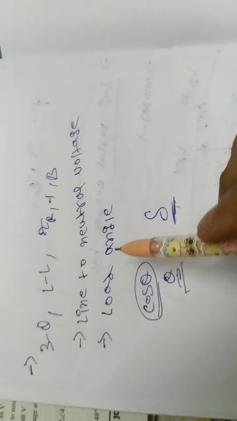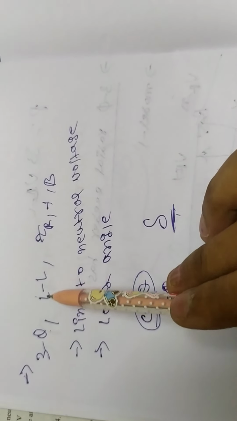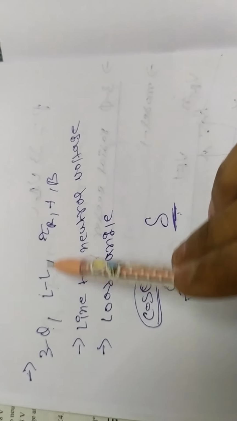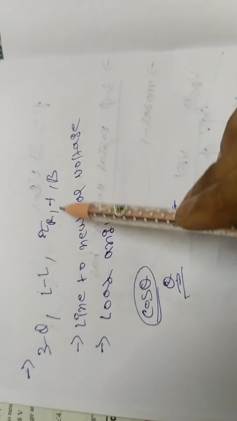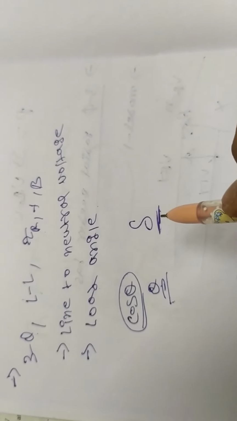In some problems they give a three-phase line, with line to line voltages and phase impedances. You have to find out the line to neutral voltages and load angles. This is one type of problem they ask.